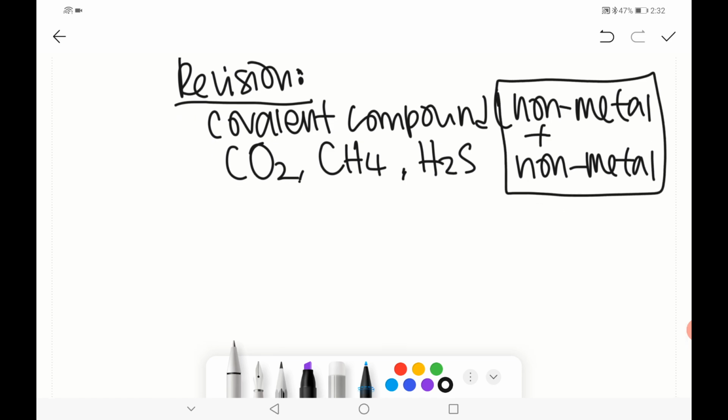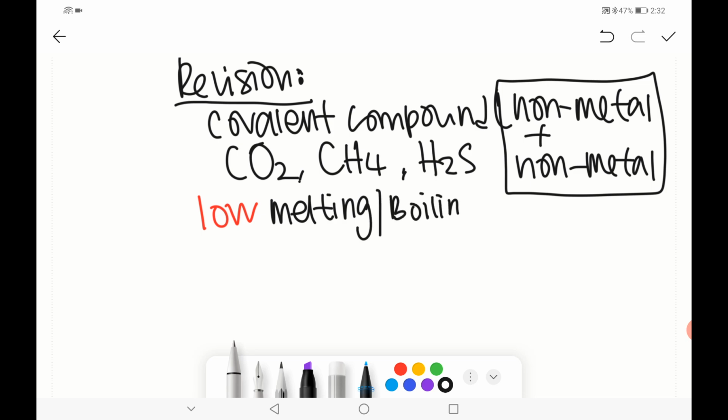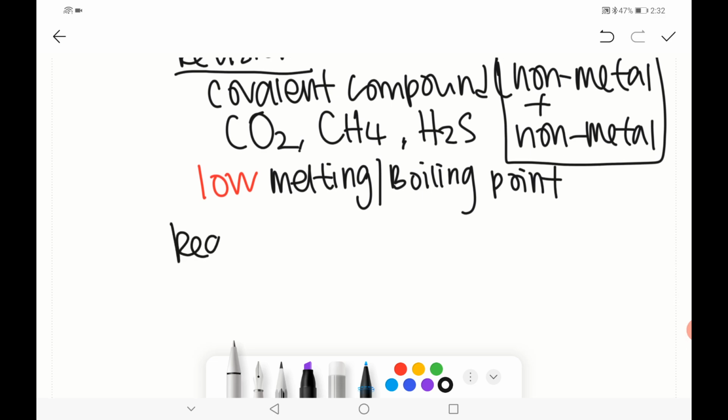Normally the covalent compound has quite low melting and boiling point. Generally covalent compound has low melting and low boiling point. So we have to know the reason why covalent compound has low melting and low boiling point.